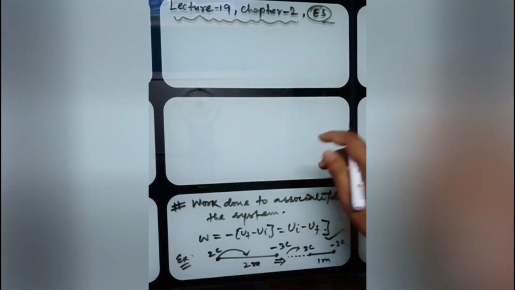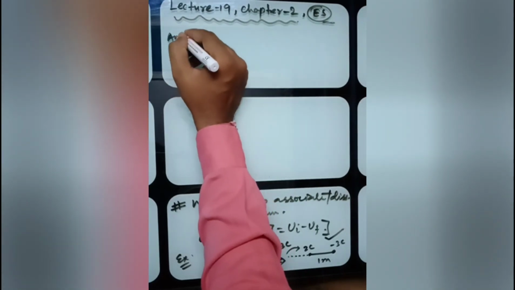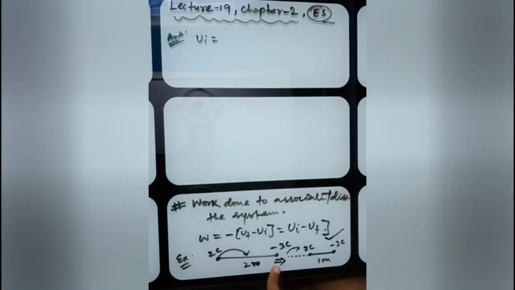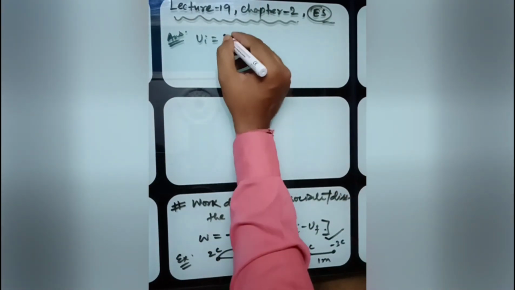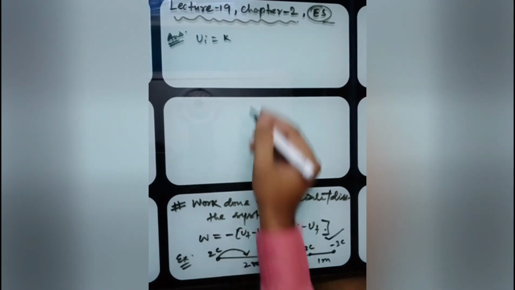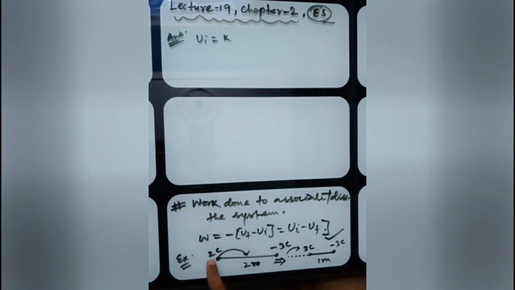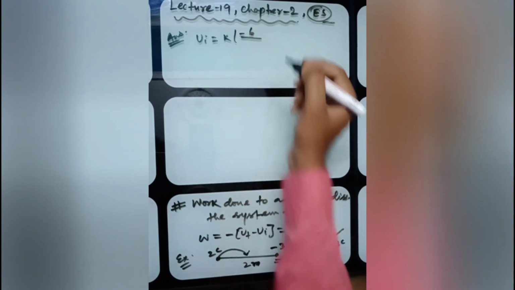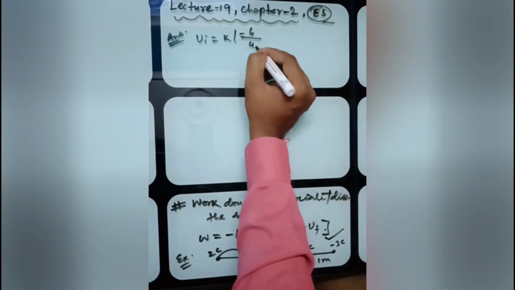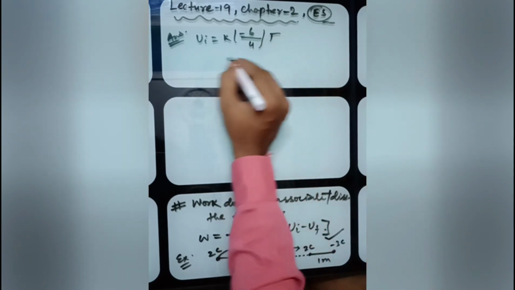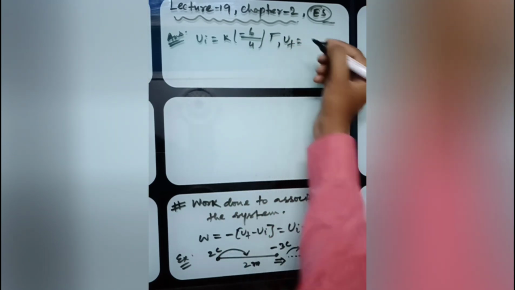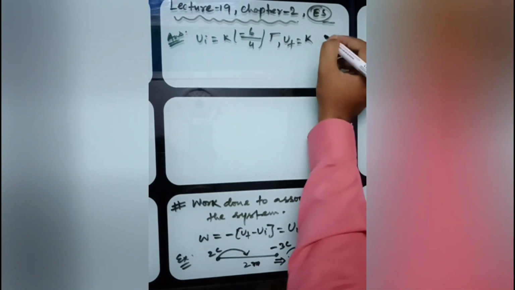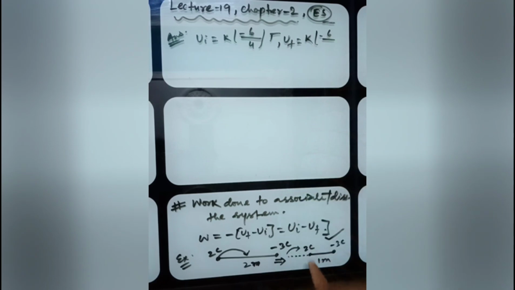So I'm writing over here, the answer is: the initial potential energy. Try to find out the initial potential energy. It is K Q1 Q2, directly I can write 2 coulomb times minus 3 coulomb, it is minus 6, divided by 2 square, it is 4 joule. And U final, now K times again 2 times 3 minus 6, but the distance is now 1 meter.